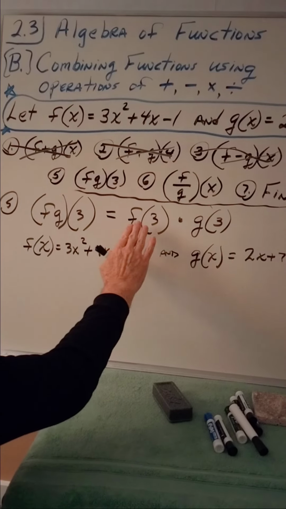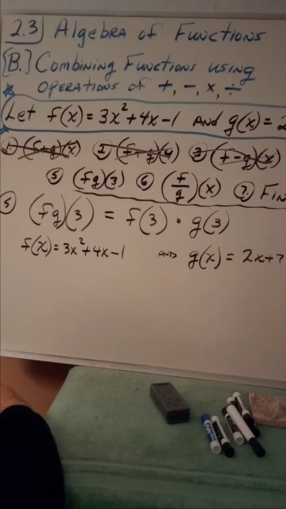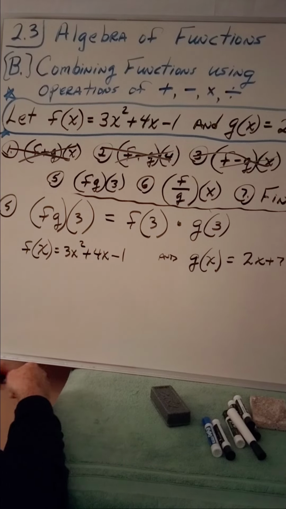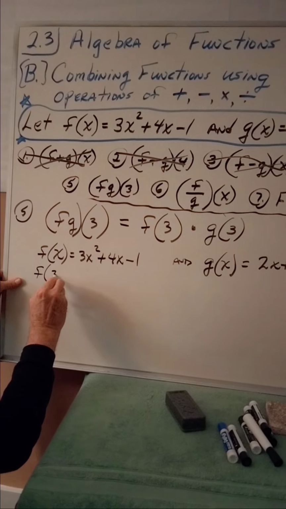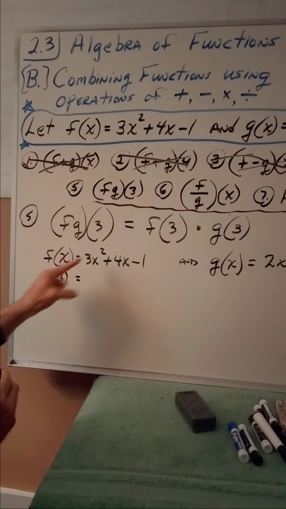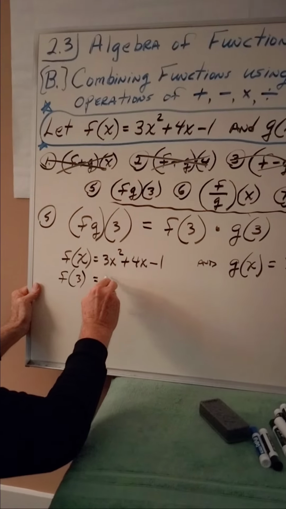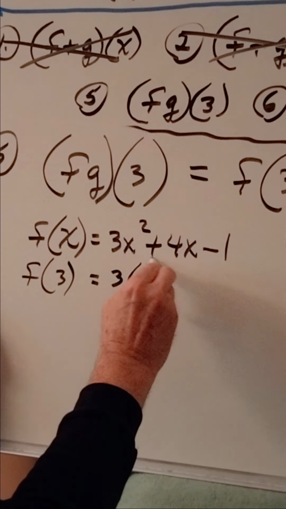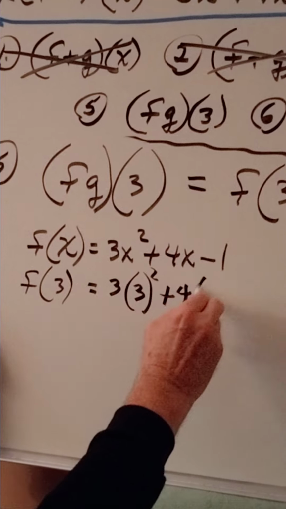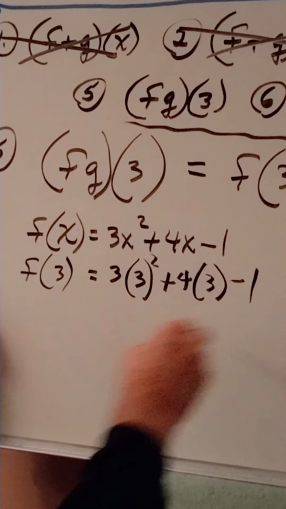We're going to handle it just in the way of what it says here. So here's function f. Now we're going to find the value of f when the domain is 3. And so we're going to insert in 3 times the quantity of 3 squared plus 4 times 3 minus 1.